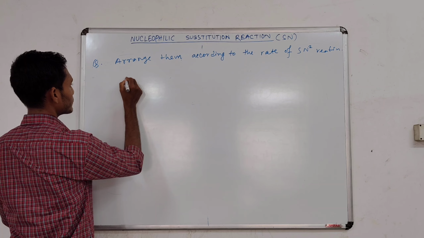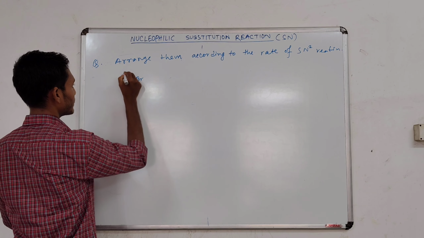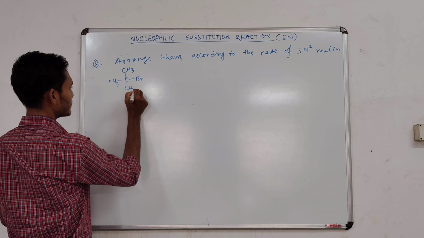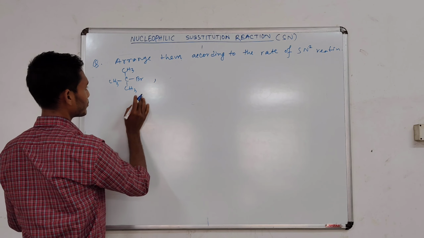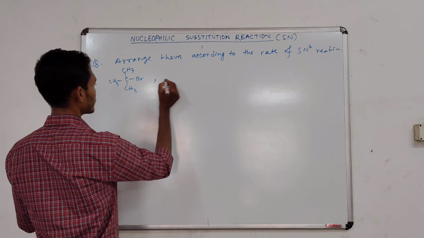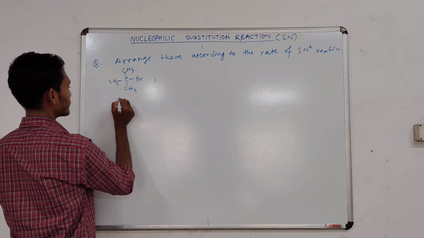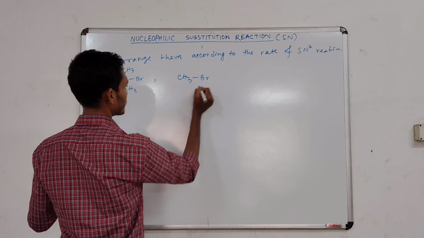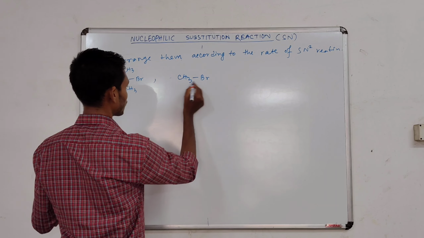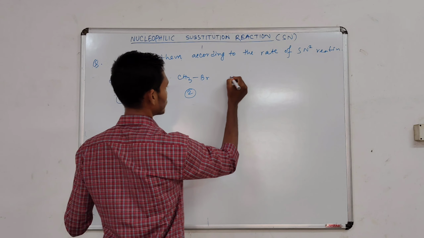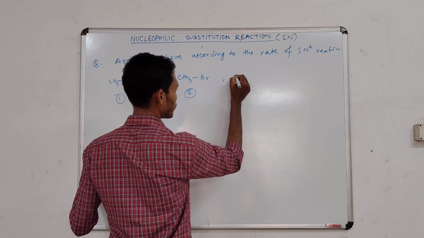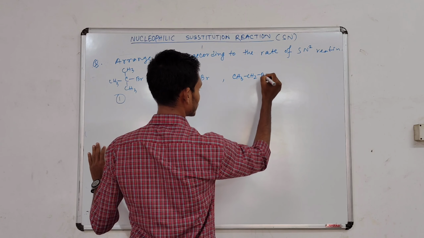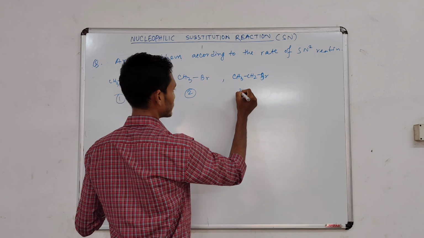One is C(CH3)3Br, tertiary butyl bromide, that is number 1. CH3Br, methyl bromide or bromomethane, that is number 2. Ethyl bromide, CH3CH2Br, bromoethane, that is number 3.